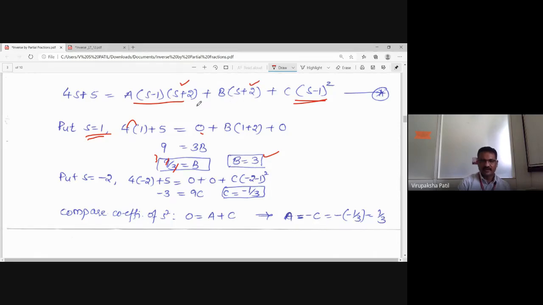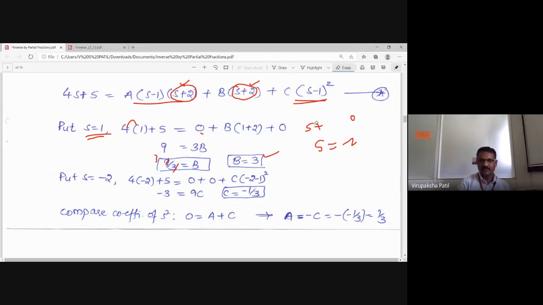So think about how to make this s plus 2 zero here. See, if you are getting confused with the values, make this factor s plus 2 equal to 0. So you will get s is equal to minus 2. By putting this value, definitely you will get these two factors 0.